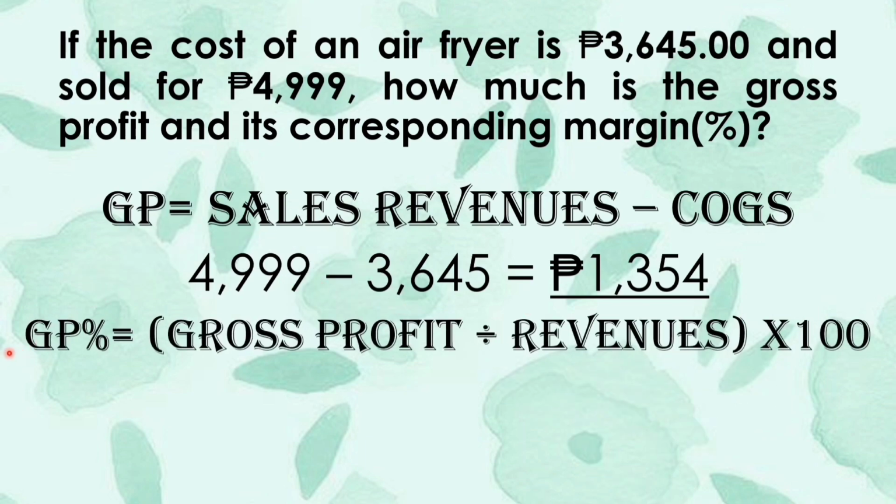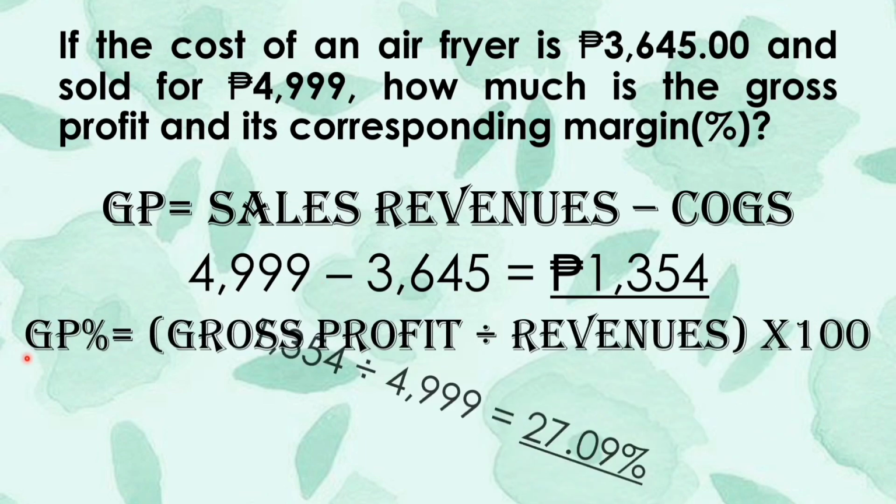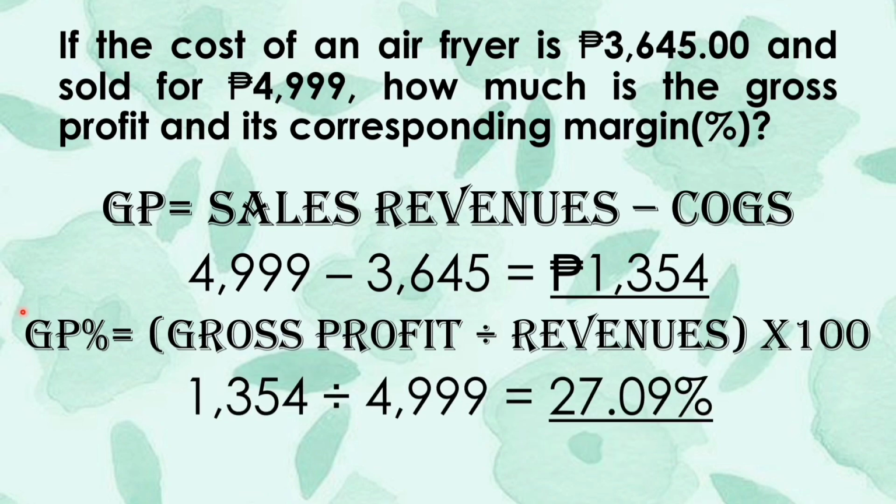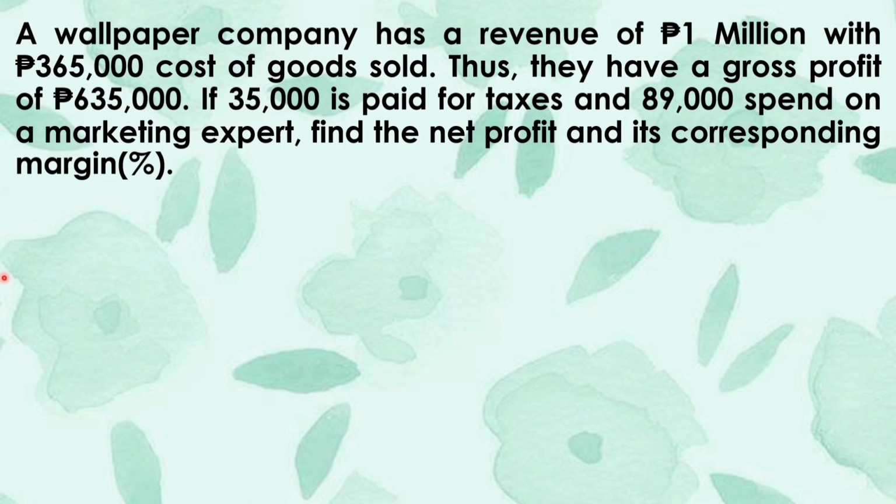Next, to find the gross profit margin, gross profit is divided by the sales revenue and then multiplied by 100. We'll have 1,354 divided by 4,999 equals to 0.27085 and then multiply by 100, we will have 27.09%.